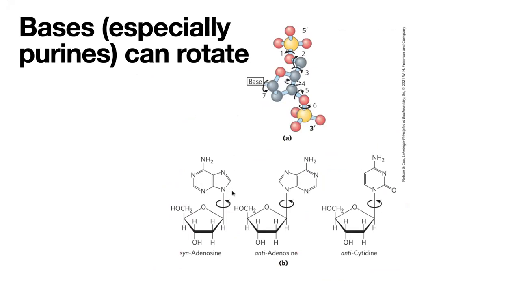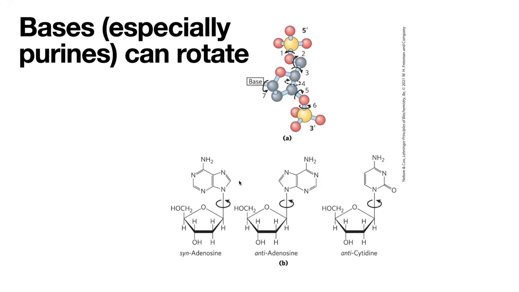In the case of our purines, here we can see what's called the syn form and the anti form. In the syn form, you can think of it like twisting a flag. We can get the syn and the anti form in our purines, but we typically only see the anti form of our pyrimidines, because if we were to rotate things, this carbonyl oxygen would clash with the rest of the sugar.